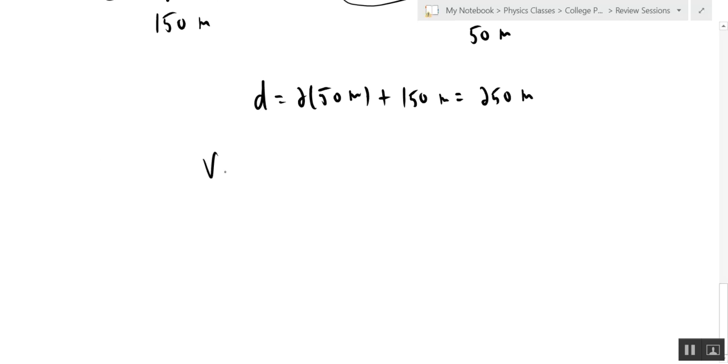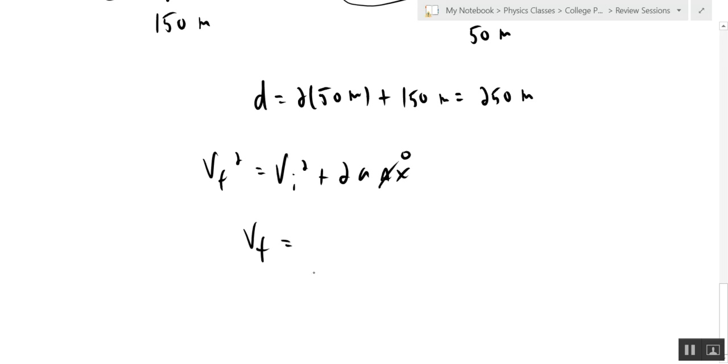So what do we know? We know that VF squared is equal to VI squared plus 2A delta X, right? This is one of the equations. What's delta X at 10 seconds? No, 10 seconds. What's the delta X at 10 seconds? 0. So what is VF in terms of VI?